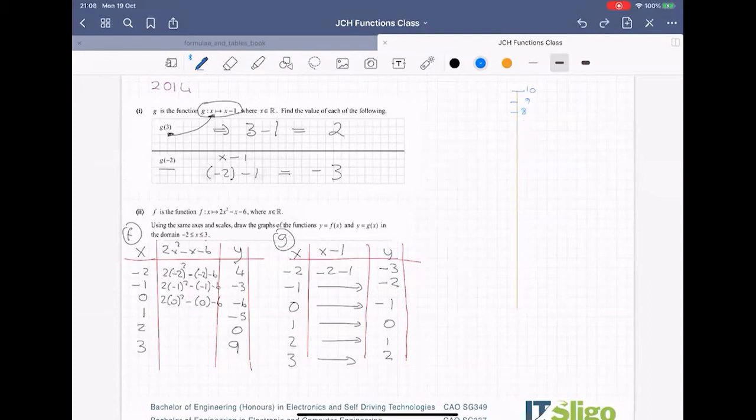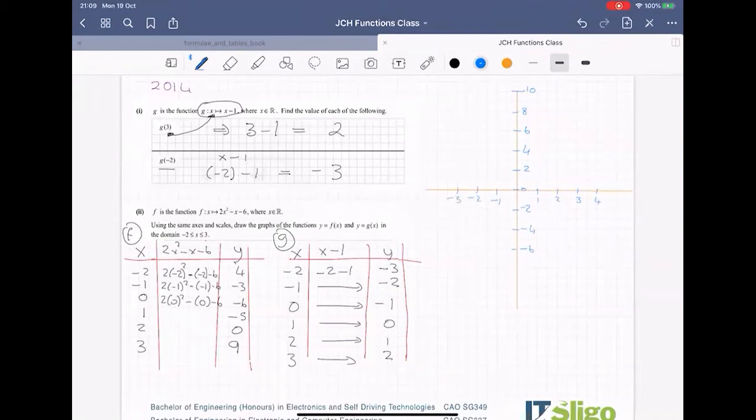Let me come down in 2s because it's getting a bit cluttered. 8, 6, 4, 2, and 0, which means that's where my line is going to go. And then -2, -4, -6. Okay, and then let's come over in 2s as well. That's 1, that's 2, that's 3, that's 4, that's -1, -2, -3.